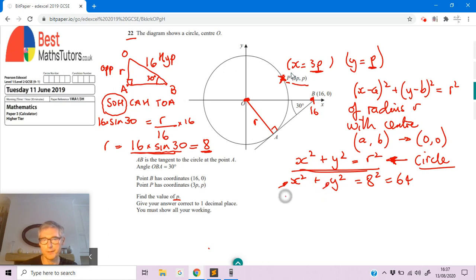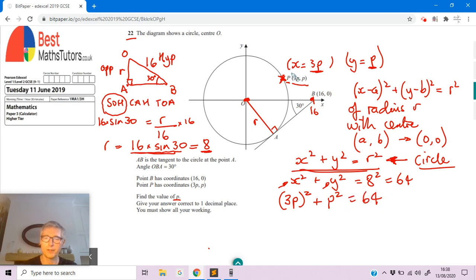So if we do that, we've got (3p), I've got to be careful to square the whole of 3p, rather than just 3p squared. It's actually the 3 is squared as well, which is why I put that in a bracket. And it's plus the y value, which is p, so p squared equals 64.